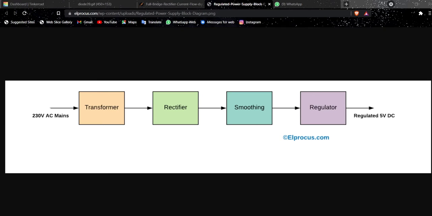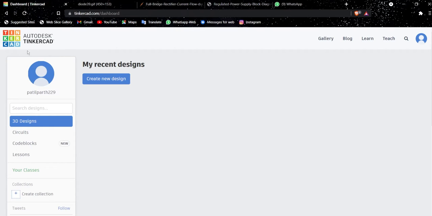For constructing and simulating the rectifier, we are going to use Tinkercad software, an online tool available for simulation and design purposes. We are going to try two combinations.